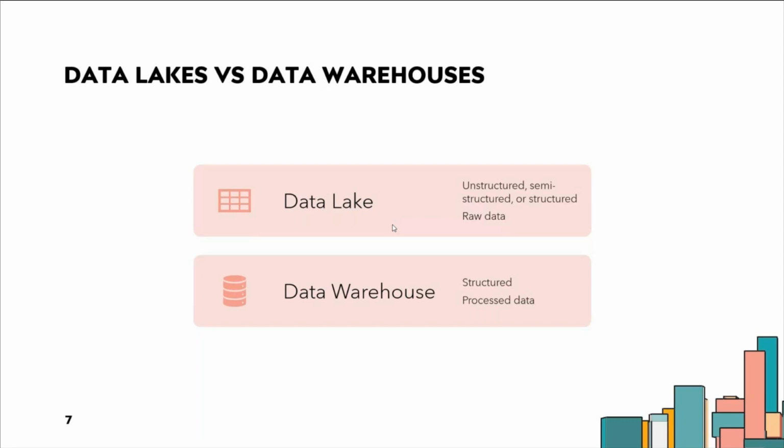There's no processing done necessarily, and it can come in without a defined structure or schema. So we have unstructured, semi-structured, or structured data that has not yet been processed. On the other hand, a data warehouse holds structured data, and this typically will come from a data lake after being processed and moved out of the data lake into the warehouse.